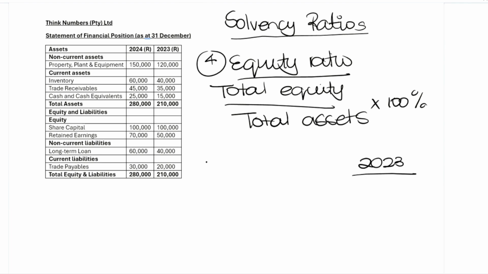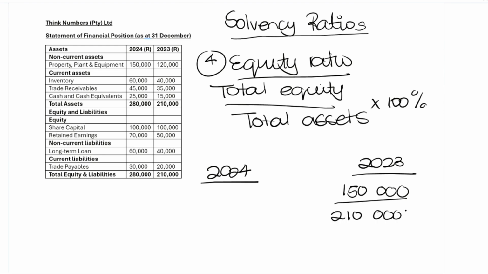So we'll have 2023 and we'll have 2024. Total equity for 2023, as we had previously calculated, amounted to 150,000, divided by the total assets, as highlighted in my statement of financial position, 210,000. Multiply this by 100, and you would have found that the equity ratio in 2023 is 71.43%.